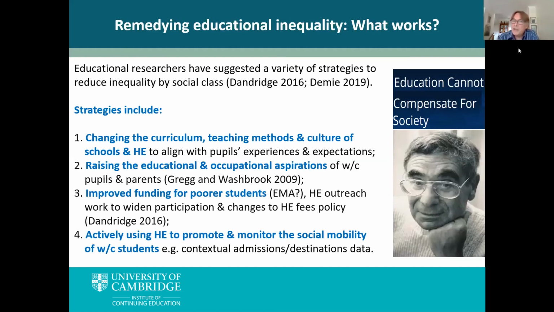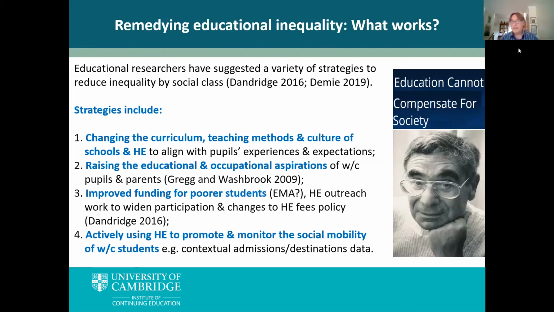And some of the research, for example, into EMA showed that it was relatively effective at encouraging students from less advantaged backgrounds in staying on in further education, although of course subsequently EMA was effectively scrapped.